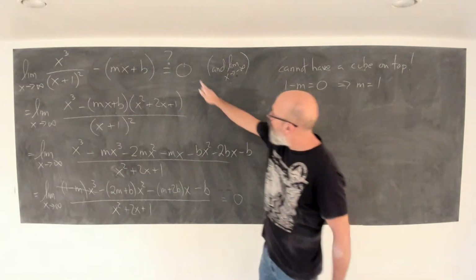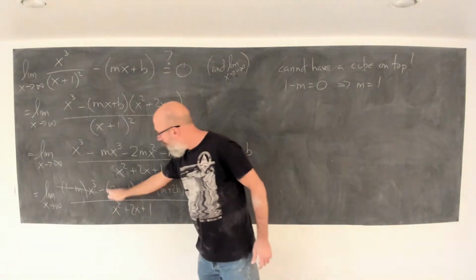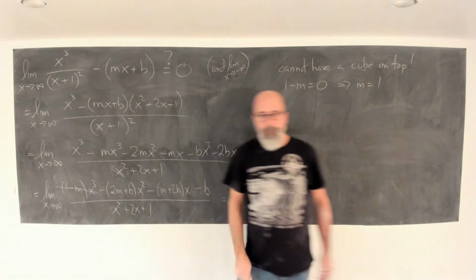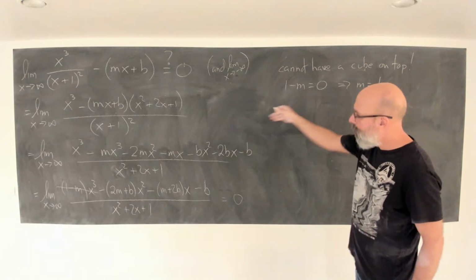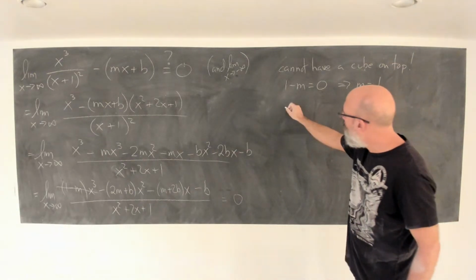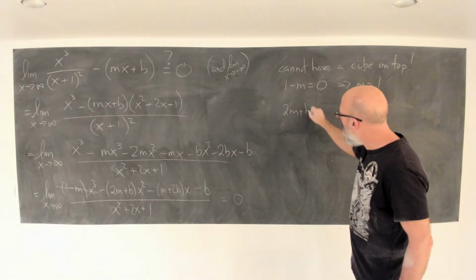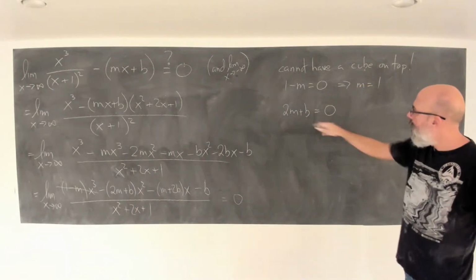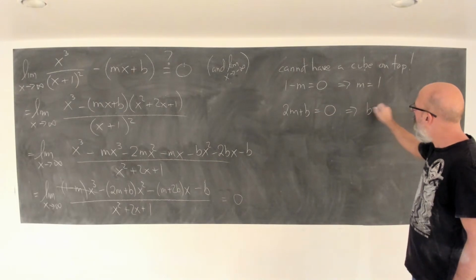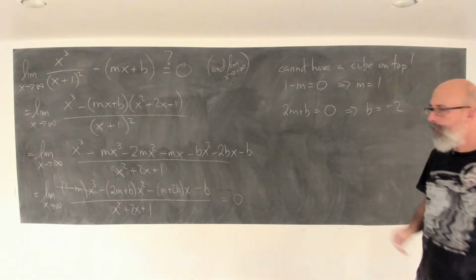And if you want the limit to be 0, this number had better be 0. So we can't have the square. In other words, 2m plus b has to be 0. But since m is 1, b has to be negative 2.